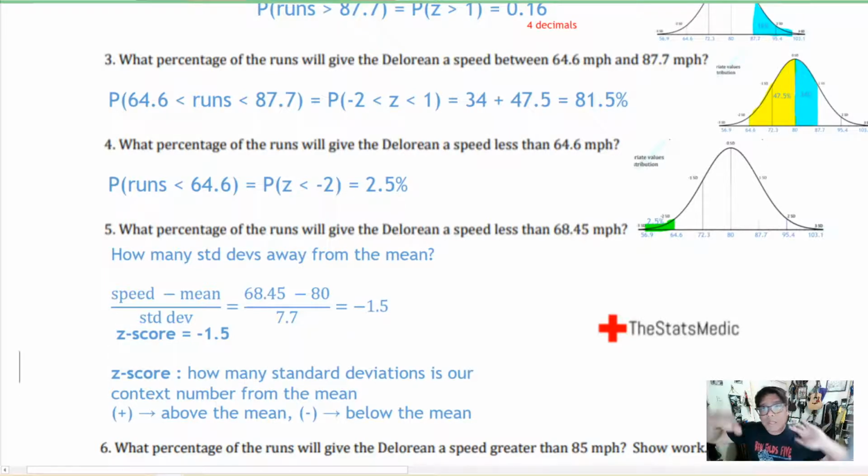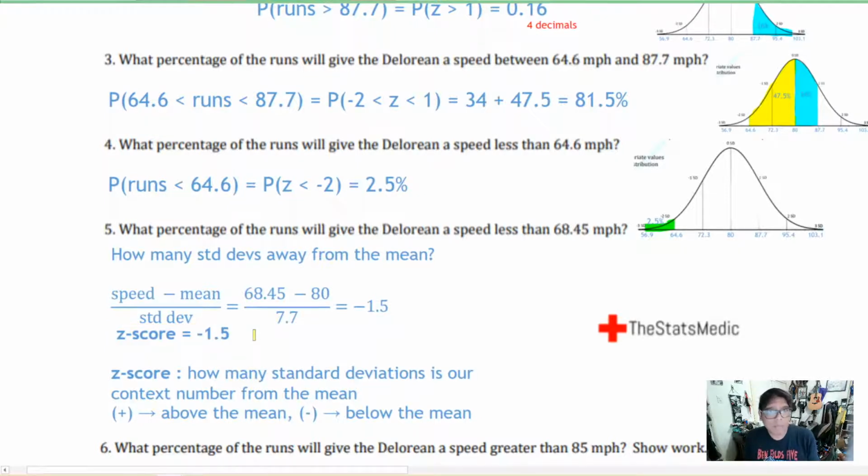So a positive Z-score means that our contextual number is above the mean. A negative Z-score means our contextual number is below the mean. So we are 1.5 standard deviations below the mean because our Z-score is negative 1.5.